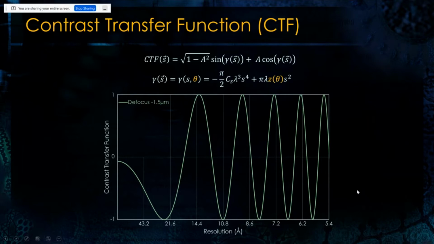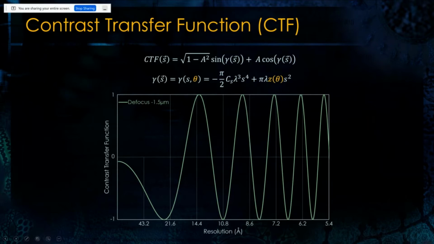Practically, if this is the resolution, this is the signal we can rely on until it first crosses zero, and then it has inverted contrast. So what we could realistically get from our tomograms without any CTF correction would be a resolution up to here, I don't know, 16, 17 angstroms, and all that comes afterwards is not reliable as long as we do not correct for it.